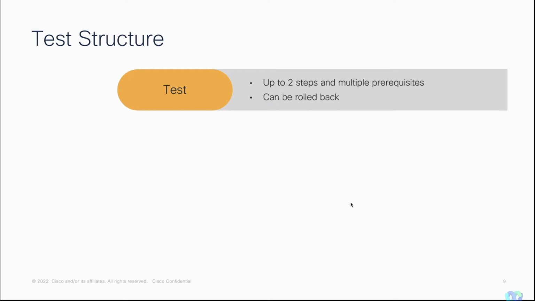And we allow for prerequisites because sometimes when we develop packages, in order to create a service instance, some prerequisites need to be on the devices or on NSO, like for example policies. And we also allow the test to be rolled back. There are cases in which we want the test case to be rolled back to start fresh with the next test cases, or there could also be reasons for not rolling back.